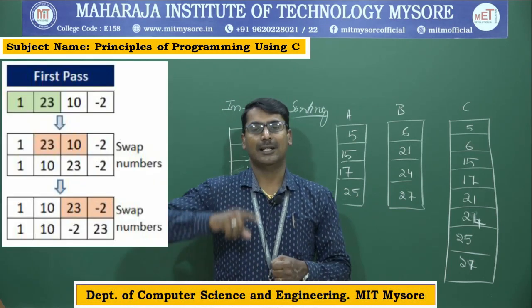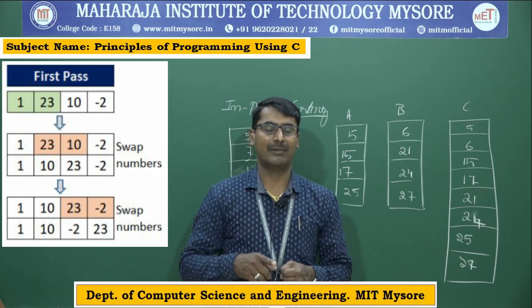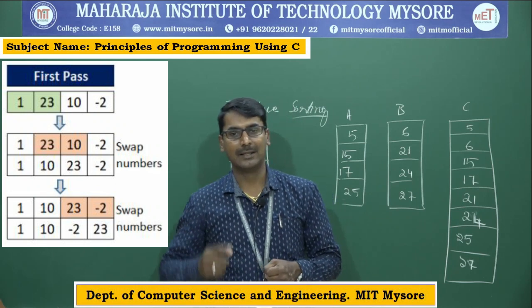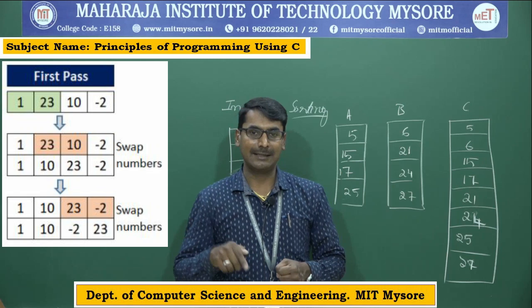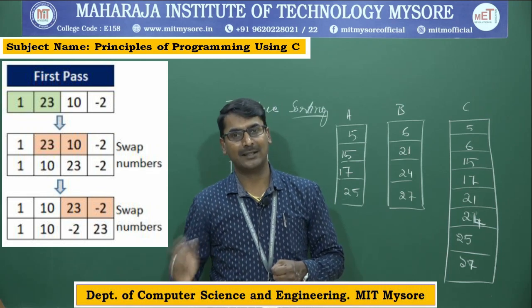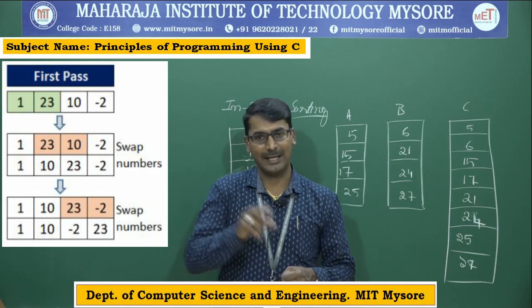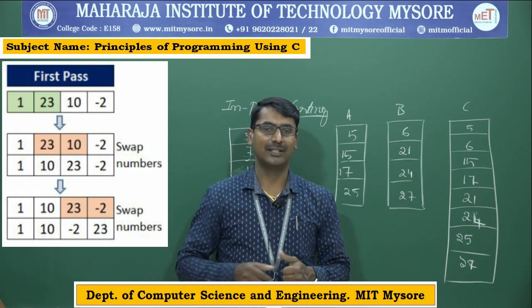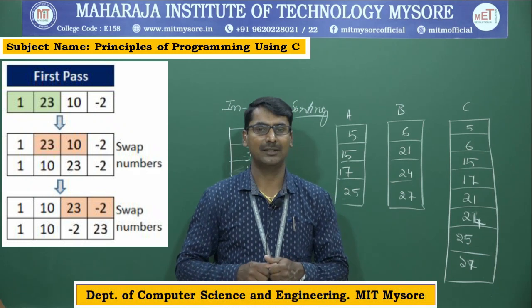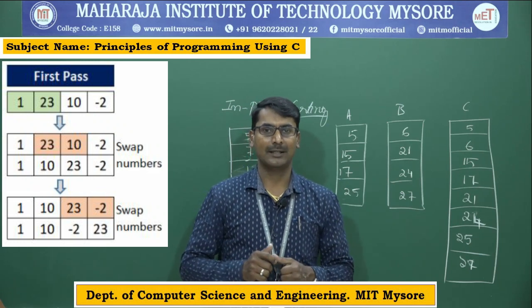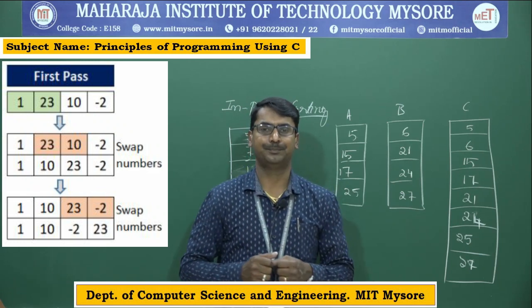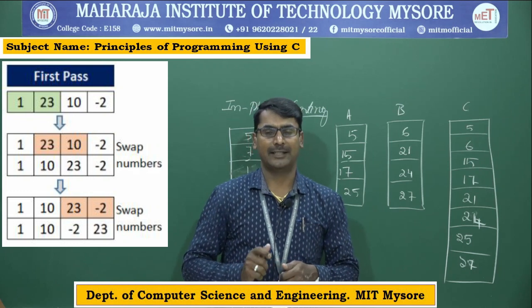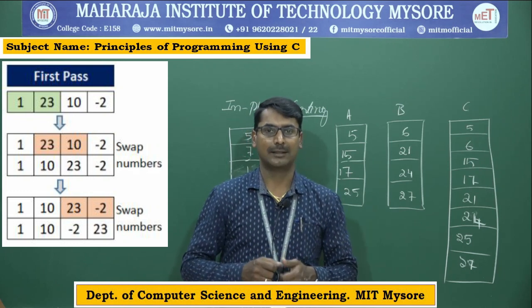In the first iteration, the first largest element is moved to the end of the array. In the second iteration, the second largest element is moved to the next position. Like that, the process will iterate until n into n minus 1 times. Now consider one example of an array for bubble sort technique.